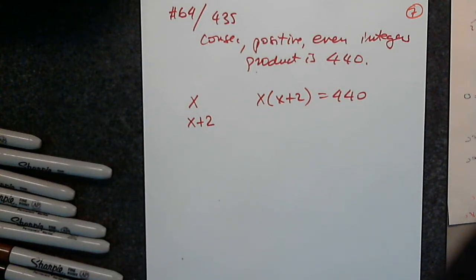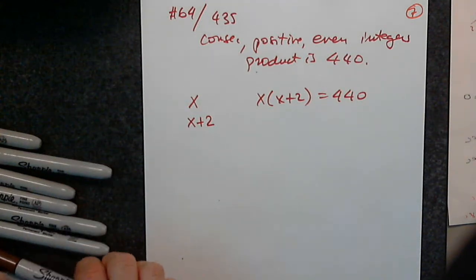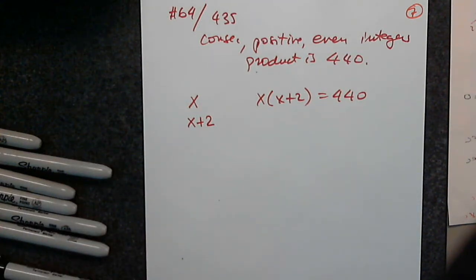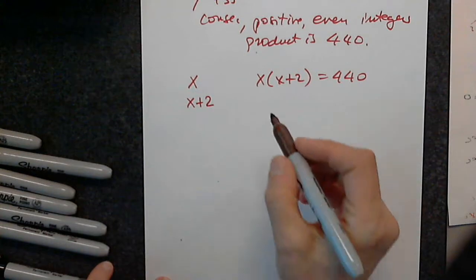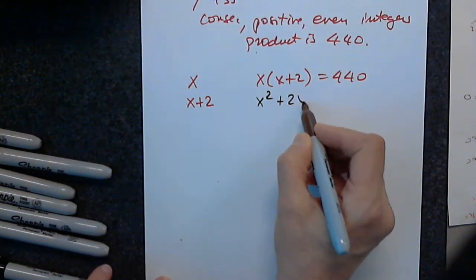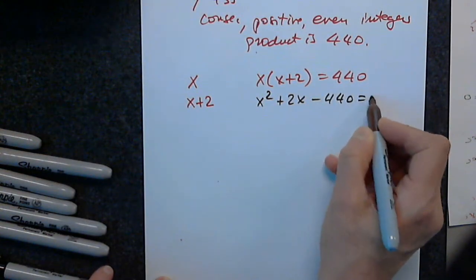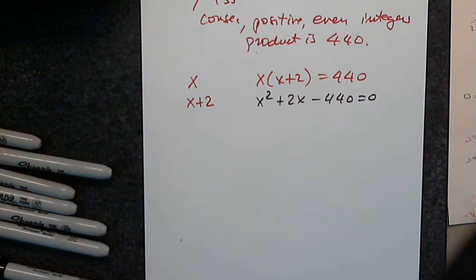So suggestions then. What will you do? Rewrite it. Yes. So it would be x squared plus 2x minus 440 equals 0. I recommend now, because we got into the habit, we understand that the zero product principle requires 0 on one side and a product on the other, to do these two steps in one, if you want.